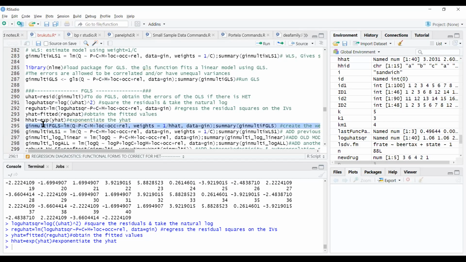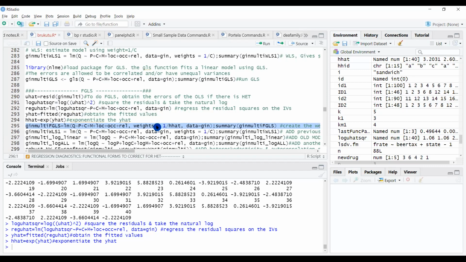In this feasible GLS command, I am going to regress the normal dependent variable, but the weight is no longer going to be the 1/c that the weighted least squares was doing.